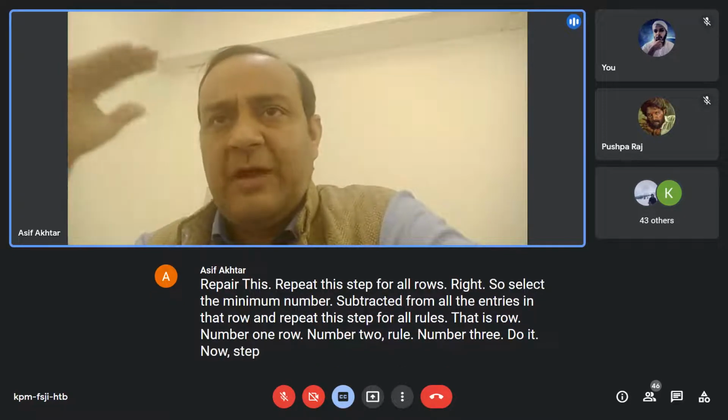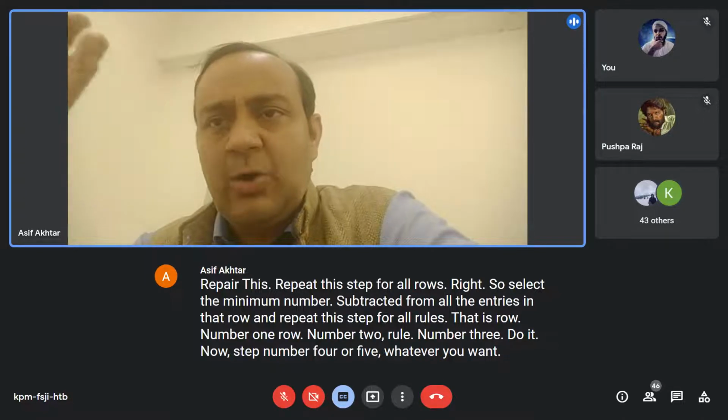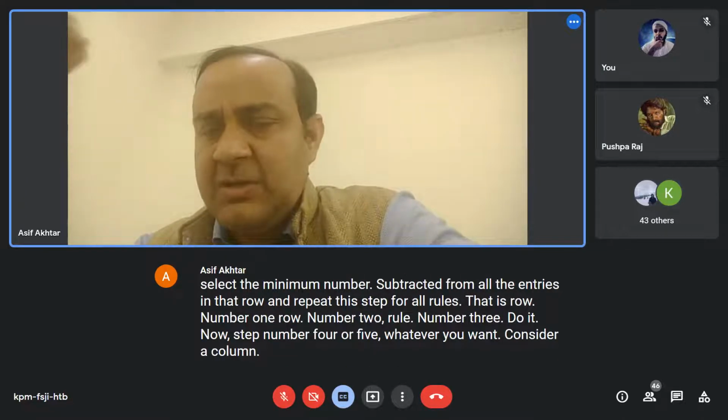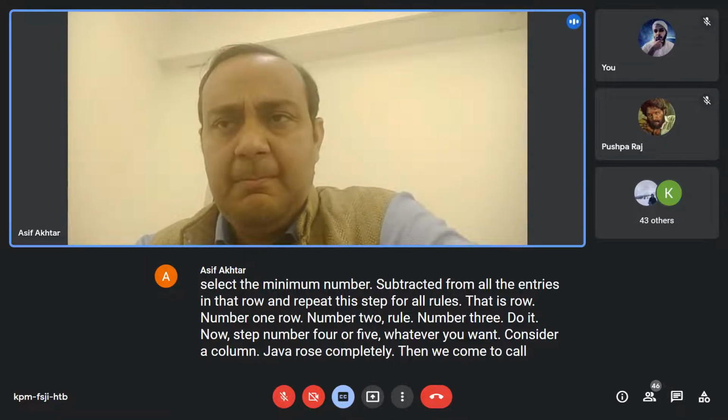Now step number 4 or 5, whatever you want. Consider a column. Once you have completed the rows, then we come to the columns.